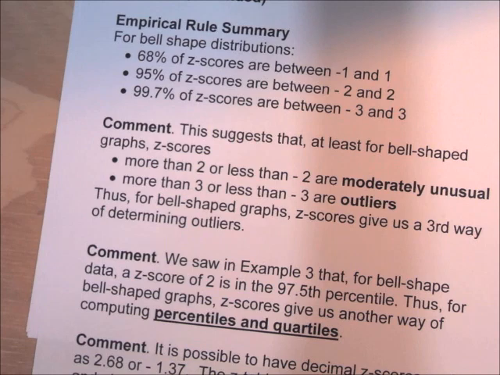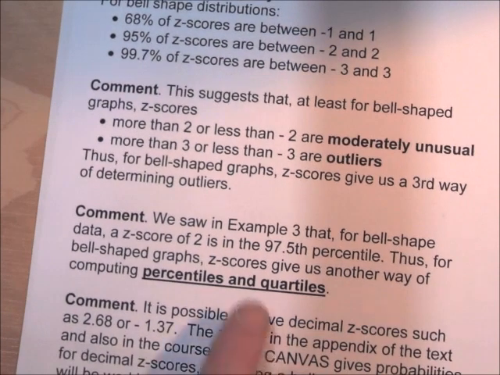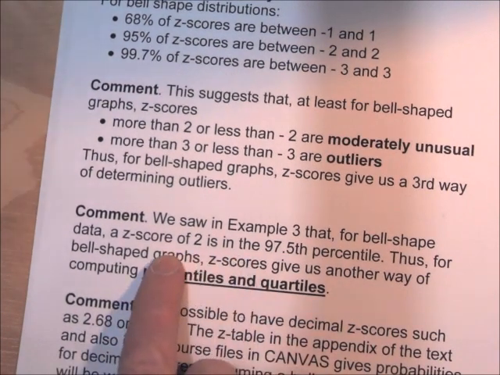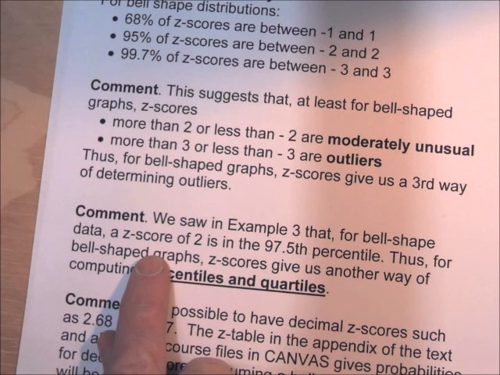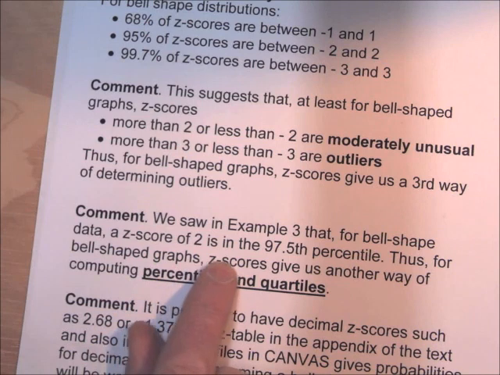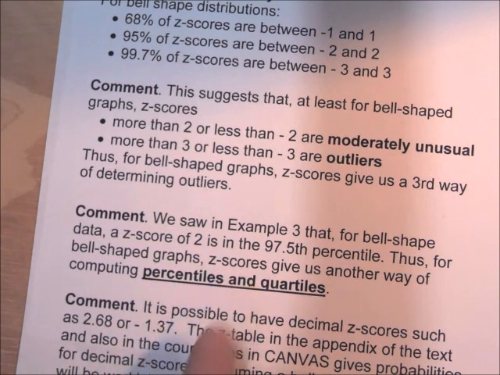And referring back to example 3 again, if you compute the probability of z being less than a number, that gives you a way of getting percentiles. For example, in example 3, we computed the probability of a z-score of less than 2, and that was the 97.5th percentile.